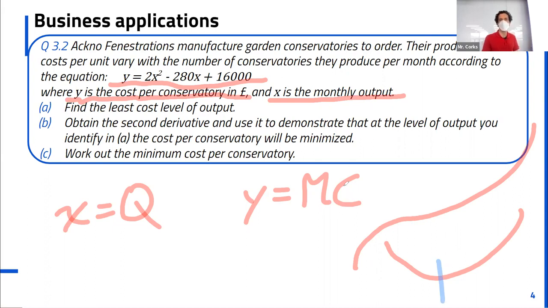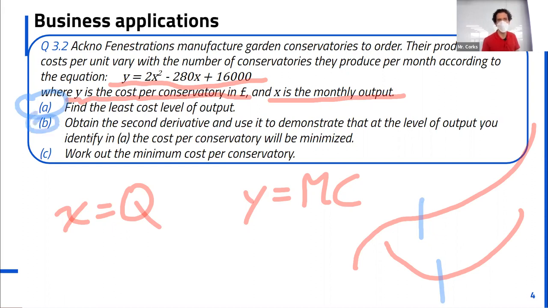So we find the derivative of the marginal cost. But the derivative of marginal cost is the second derivative of total cost. Those second derivatives are inflection points. So it's really the exact same thing we did in class. Find the inflection point. It's just stated a different way. Okay, so that's what A is.